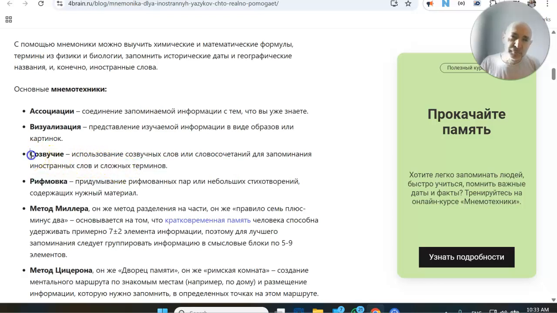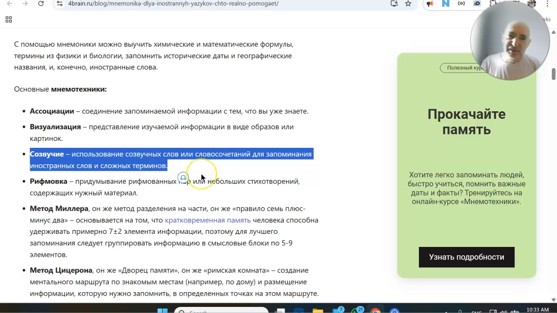So, созвучие, использование созвучных слов или словосочетаний для запоминания иностранных слов и сложных терминов. So, similar sounding, the use of the similar sounding words or expressions for remembering foreign words and complicated terms.